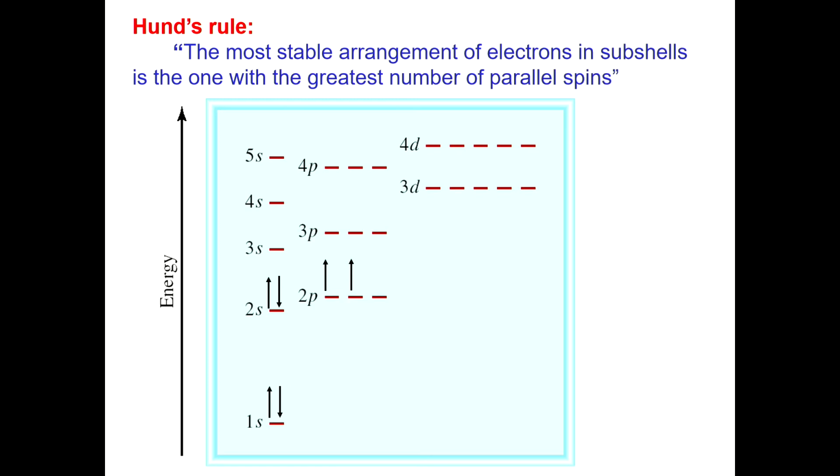For example, this one is plus half, and adding another plus half, how much? 1. If it were together with the other one here, what would the total spin be?